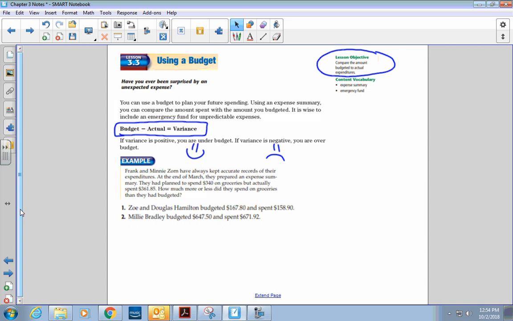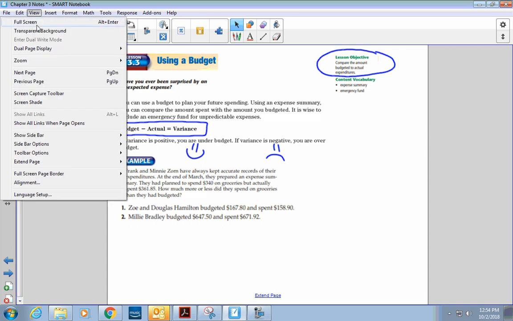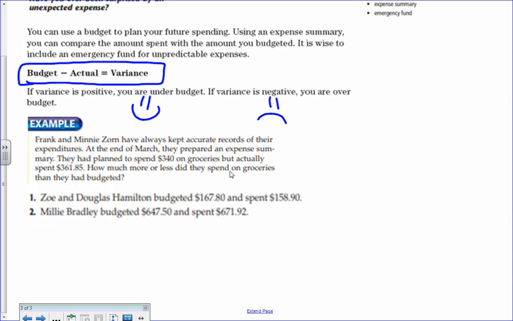I need this zoomed in, full screen. Okay. Frank and Minnie, they look at their groceries. Their budgeted amount is $340. They actually spend $361.85.